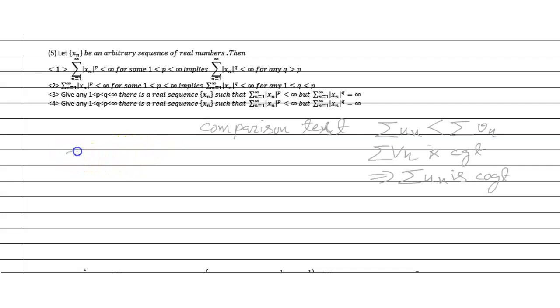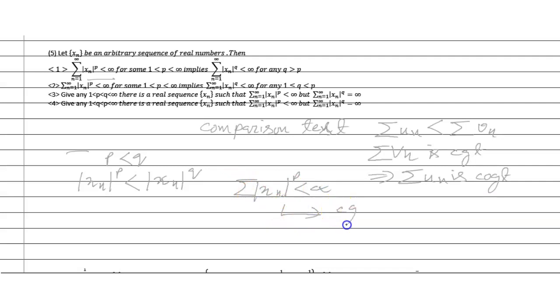So friends, whatever you see, that p greater than q, so mod of x_n to the power p is greater than mod of x_n to the power q, as p is greater than 0, and the summation of x_n to the power p is finite.